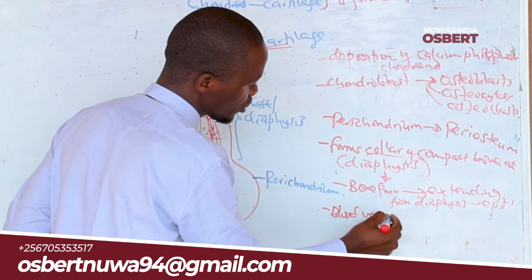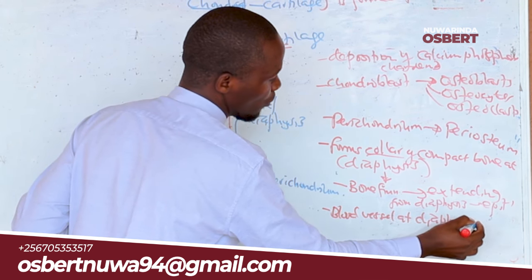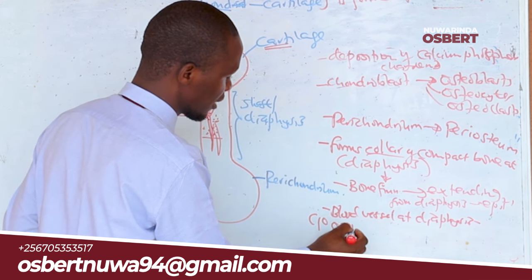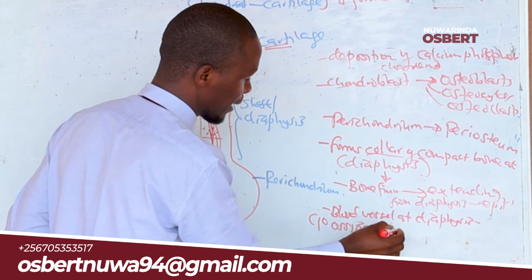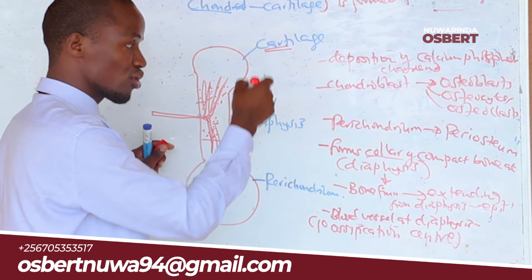Blood vessel penetration at the diaphysis forms what we call a primary ossification center. Ossification center. Why? Because that is like the beginning point where ossification starts from.